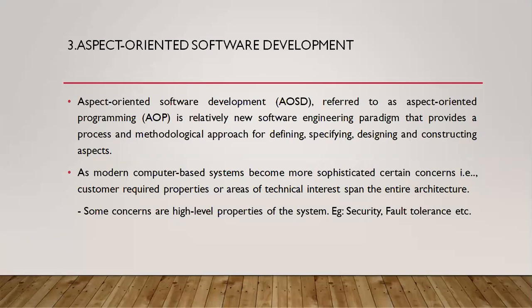Clear? If you see the first point, aspect oriented software development is referred to as aspect oriented programming. So our programming is purely based on the requirements or special requests of a customer.